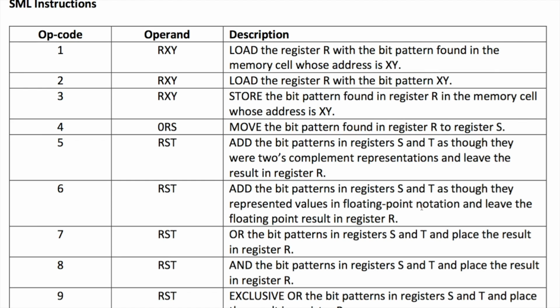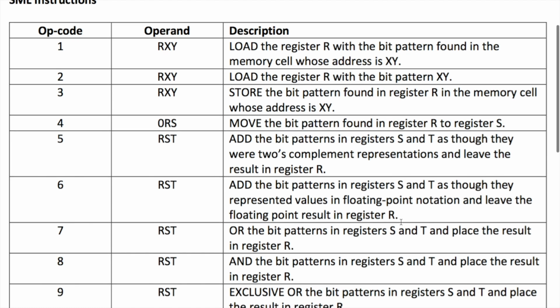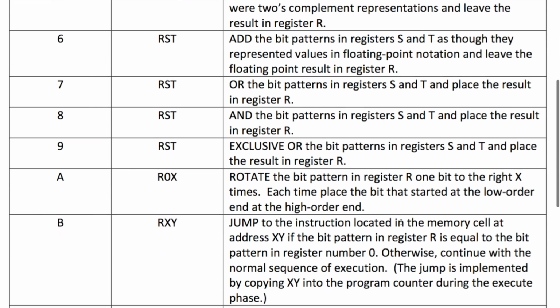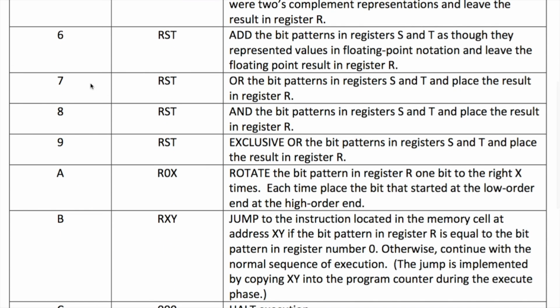So basically we will add two floating point values stored in S and T and then put the result in R. For opcode 7, the CPU will perform the OR of the bit patterns stored in registers S and T and place the result in register R.